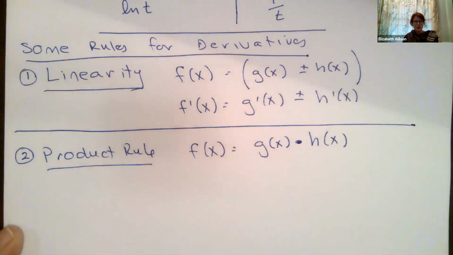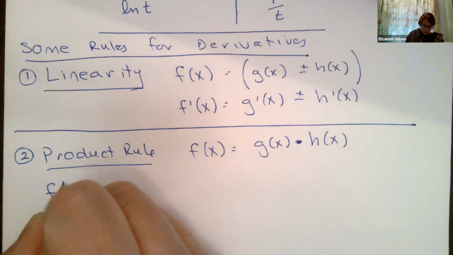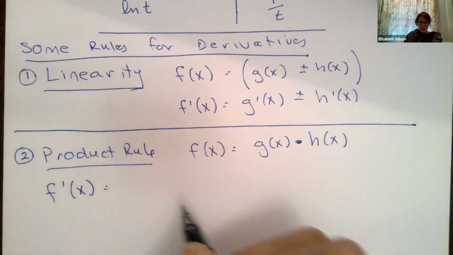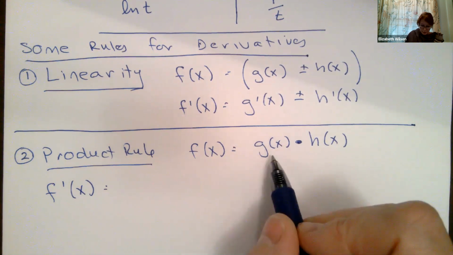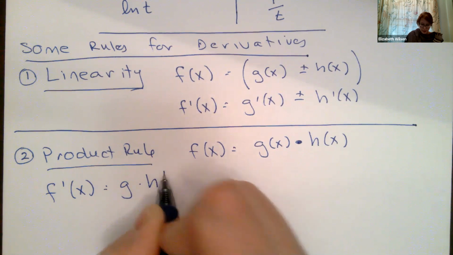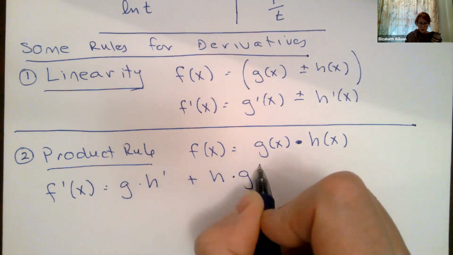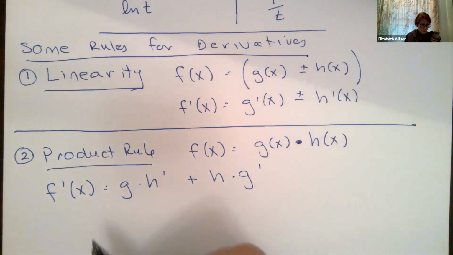It's the product of two functions, right? So if I want to find the derivative, what do I need to do? What I do is I take the first function times the derivative of the second plus the second function times the derivative of the first. So let's write that down.